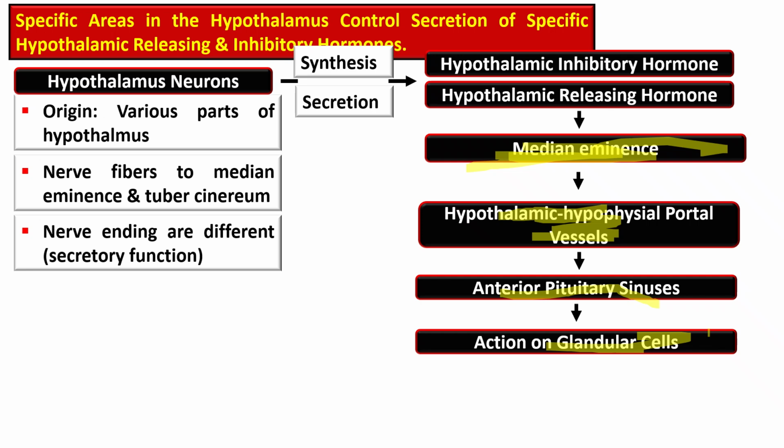So where do these nerve endings come from? These nerve endings originate from the neurons that are located in the hypothalamus.